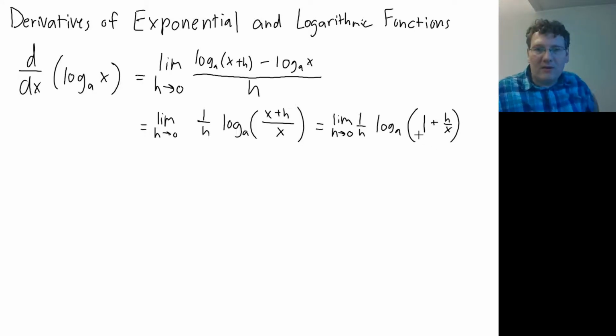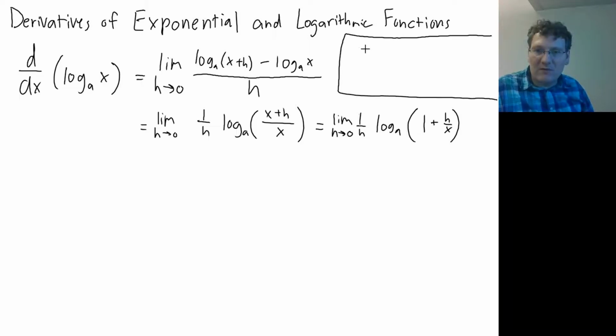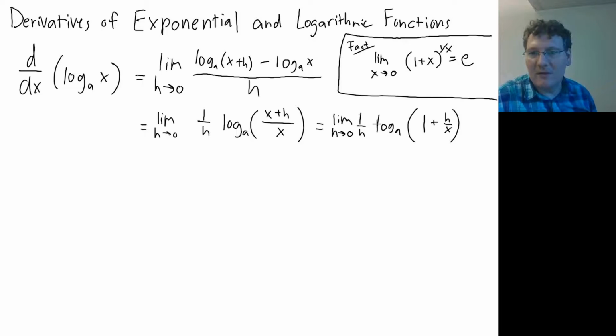I should mention that in the back of our minds we have this fact that we're going to try to employ: the limit as x goes to 0 of 1 plus x to the power 1 over x is equal to e. So we're going to try to cook this up so that it looks like this, and we're not too far off.